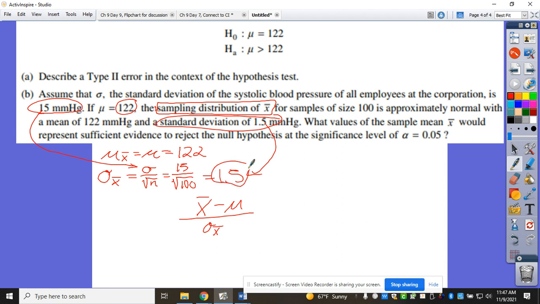So I don't know my x bar. That's what I'm trying to solve for. What is my mu? We know that down here is either going to be 15 over square root 100 or 1.5, which is the same thing. So where do I find what to set this equal to?